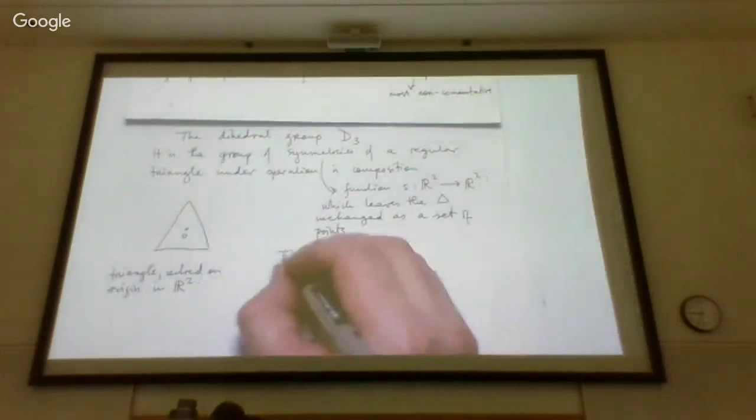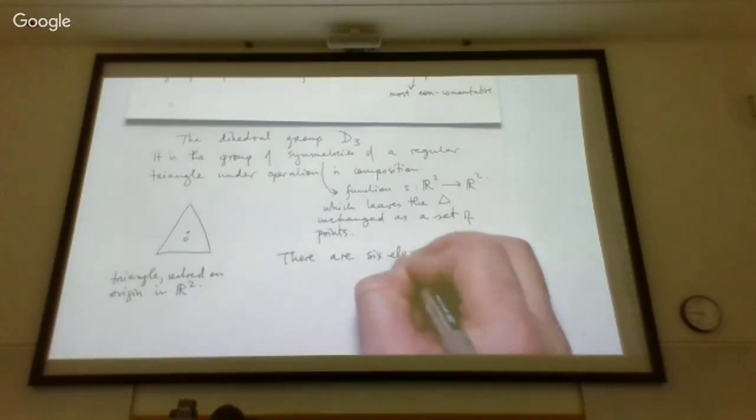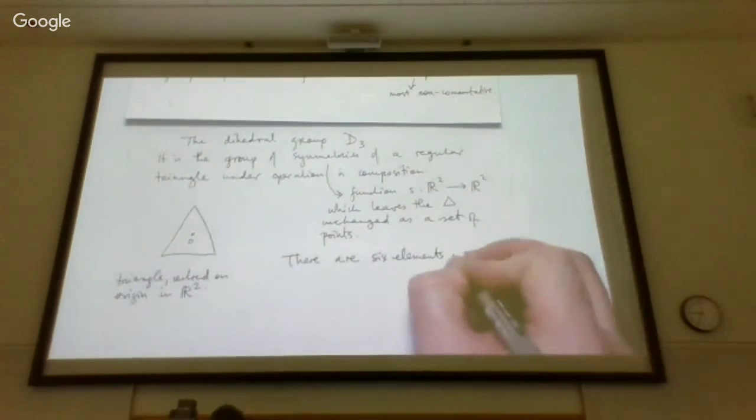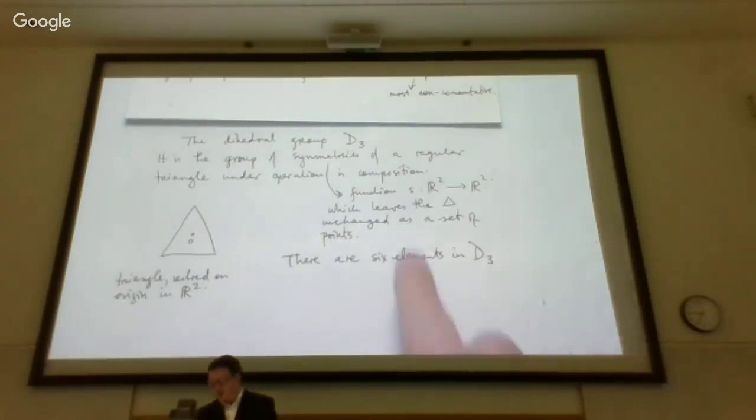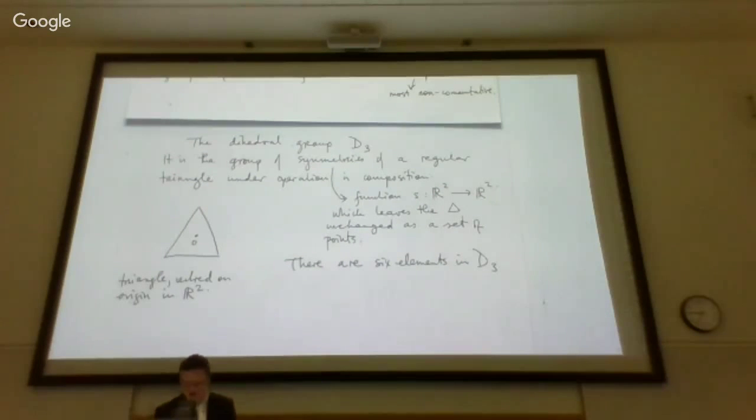Now there are 6 symmetries, there are 6 elements in D3. I'm being a bit vague about exactly what the qualifications on functions S: R2 to R2 are. It's only certain kinds of natural transformations of R2 that we're going to consider. So what can you do to a triangle to make it unchanged, to maybe move the triangle around, but afterwards it's the same triangle sitting there, and that exploits some of the natural symmetries that the triangle has.